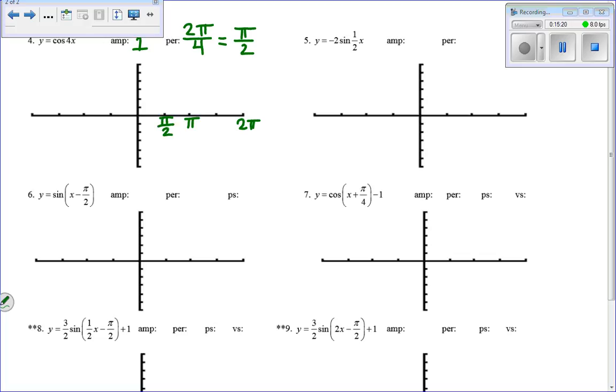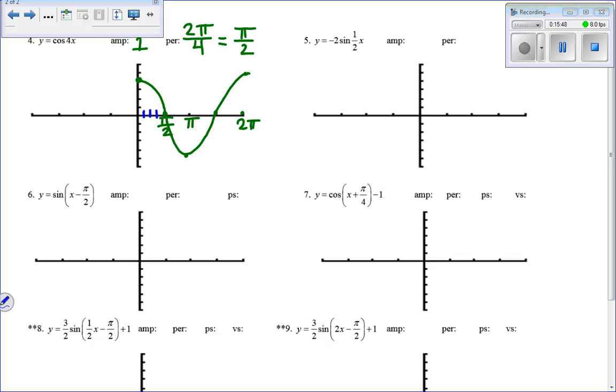Okay, so remember for cosine, we were up at 1, then we came down. Okay, so this was our parent function, right? All right, so now, don't write anything down yet. Now all of these 4 points, 1, 2, 3, 4, are happening between 0 and pi over 2.